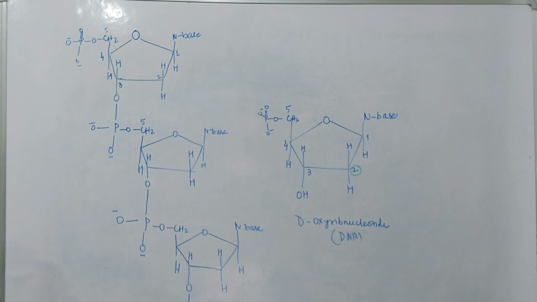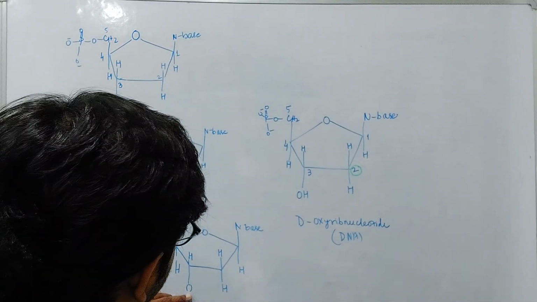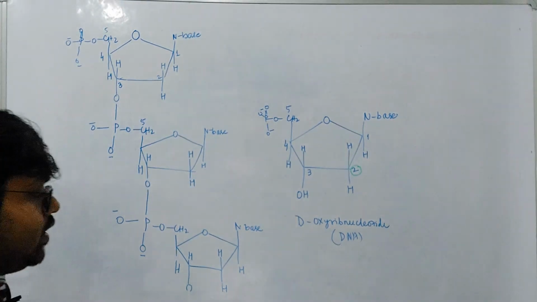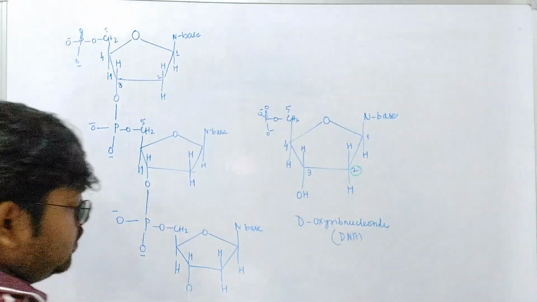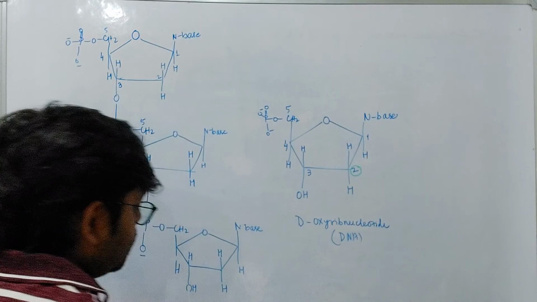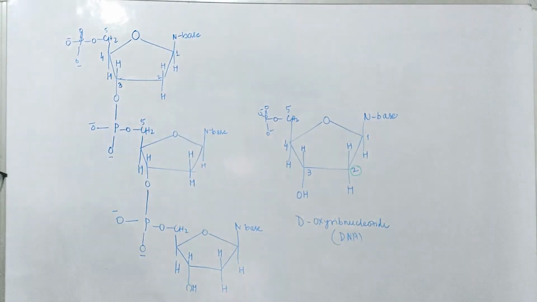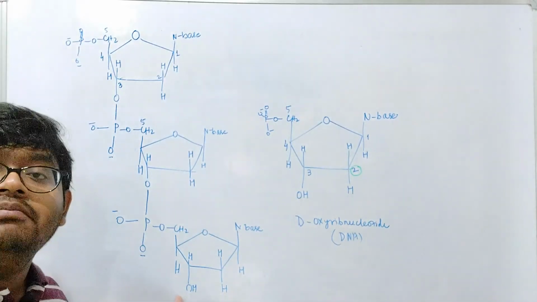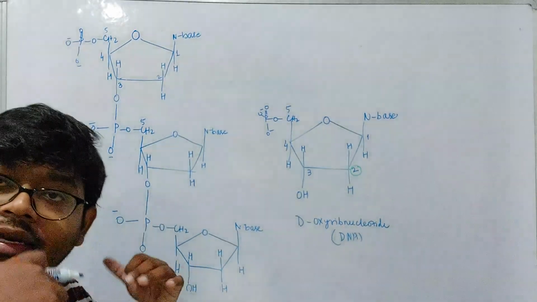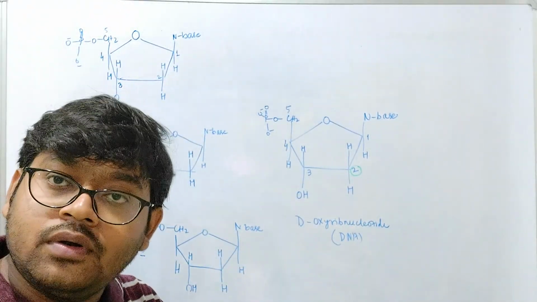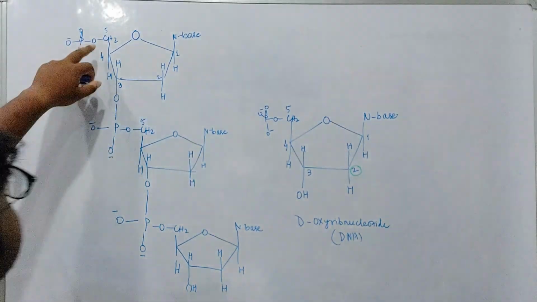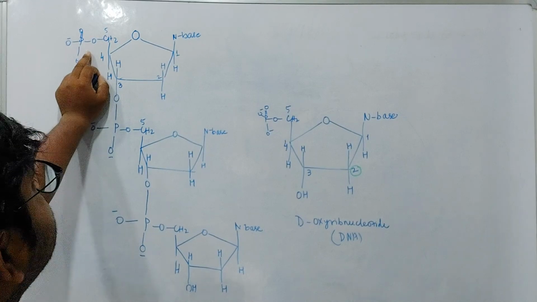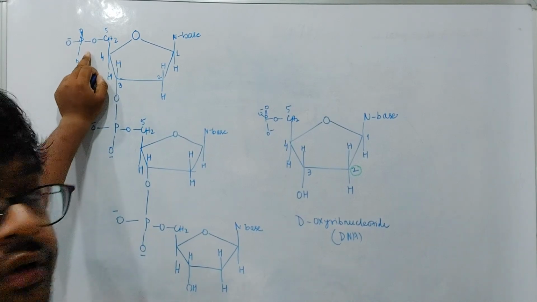So like this many units can connect together. In the last unit the final OH will remain open. That will not be linked with any other phosphate group. And at the top end, this phosphate group will remain open.